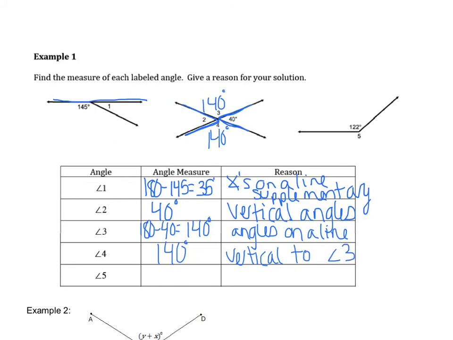And then the last one over here, we need angle 5. We know there's 360 degrees total, so we're going to do 360 minus 122, which equals 238 degrees. And our reason is angles at a point.